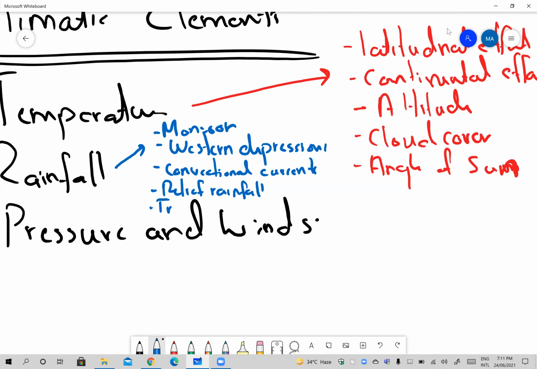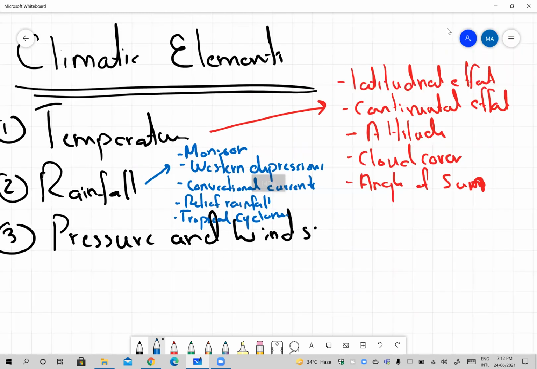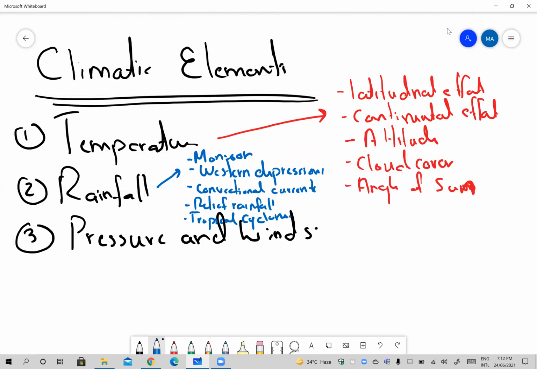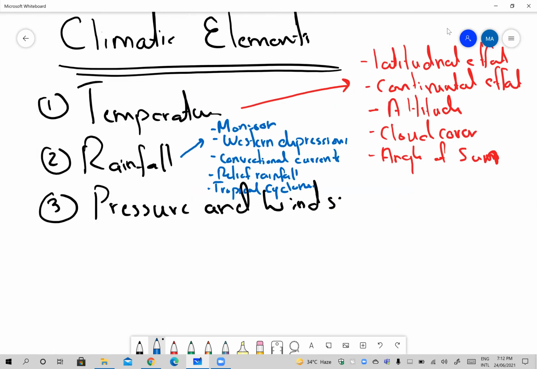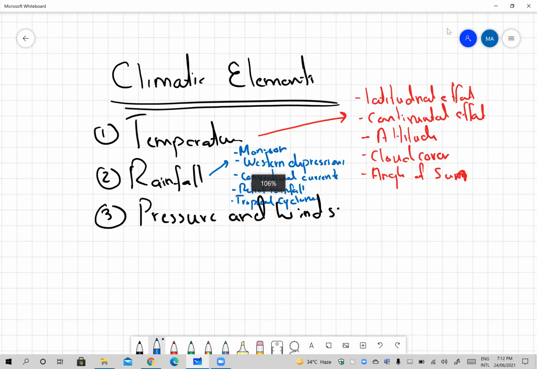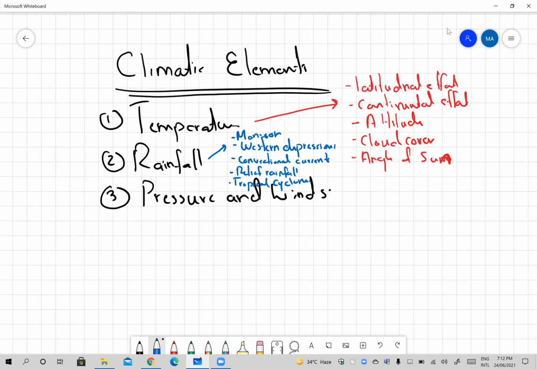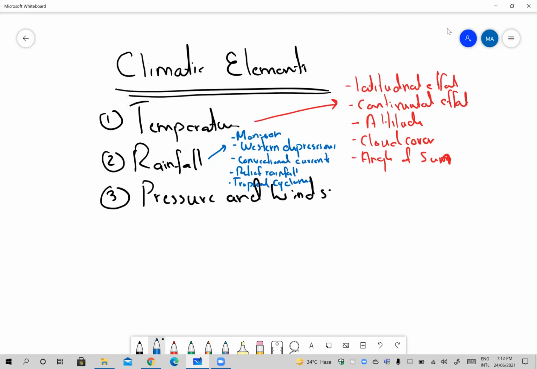And tropical cyclones. So these are all the reasons for the rainfalls in Pakistan, and we will be studying these. And pressure winds, it's just a complete topic on its own. We'll see the effect of pressure winds on the climate. So this is what we'll be covering here in this topic, the climatic elements.